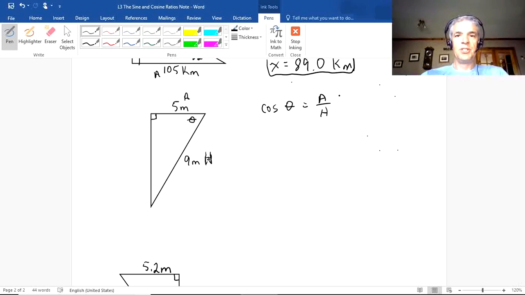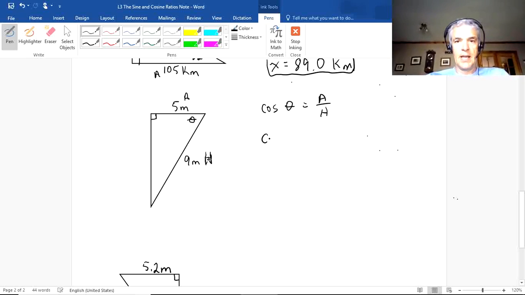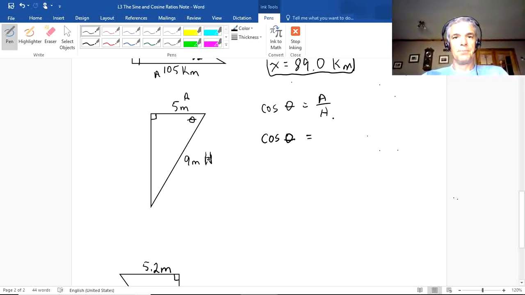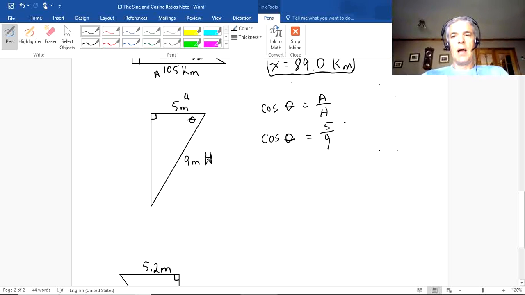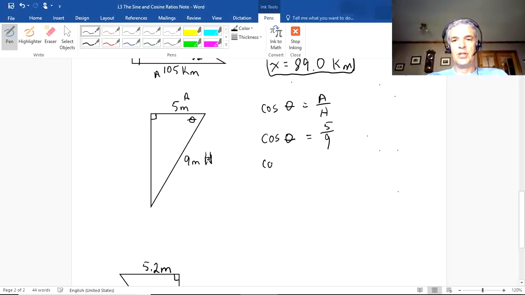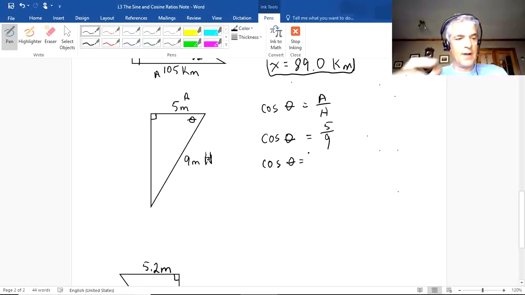Then I'm going to substitute in, okay? And theta is just theta, so I'm not going to change that. We're going to look up cos theta equals 5 over 9. Now, it's best if I actually do this calculation and I do 5 divided by 9 in my calculator and get the actual answer.